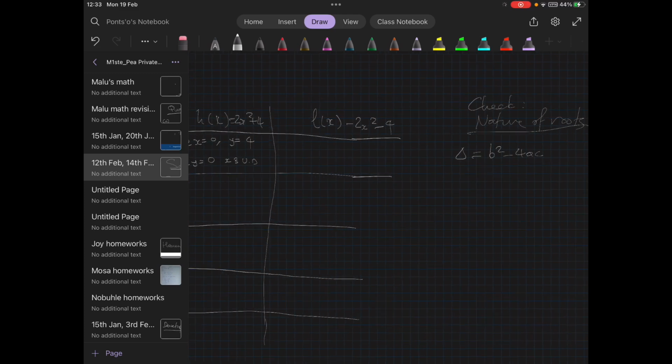If we substitute b squared minus 4ac for h of x, 2x squared plus 4, then b is 0, 4 into a is 2, and c is plus 4. This gives us negative 16. And if we have delta that is negative, then we don't have anywhere where the curve intercepts the x-axis.